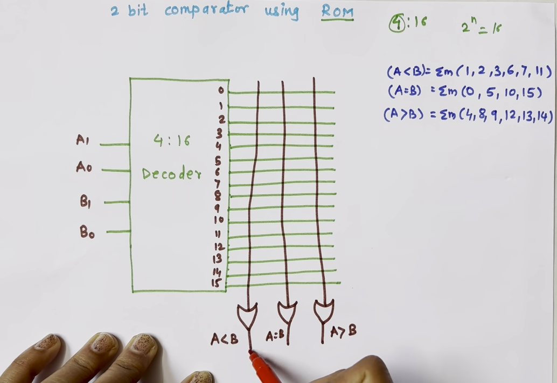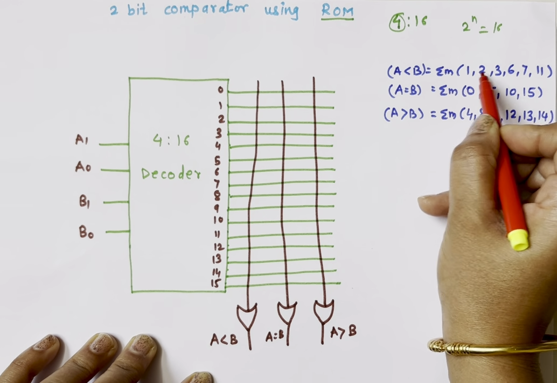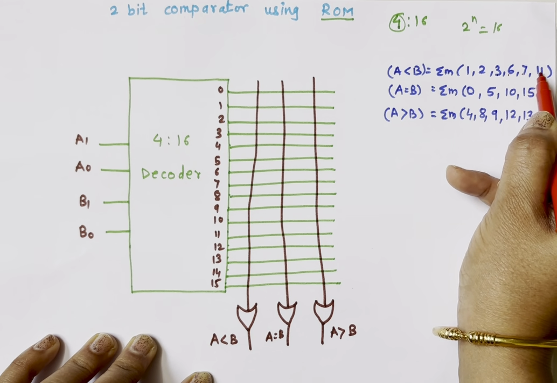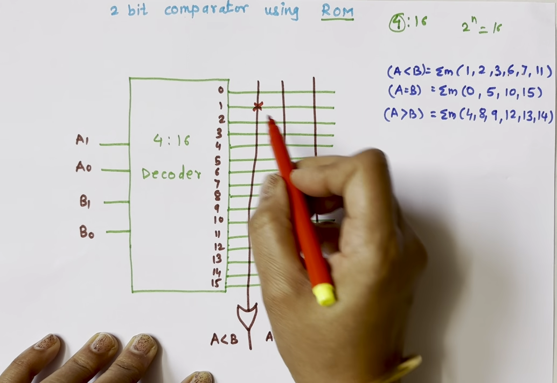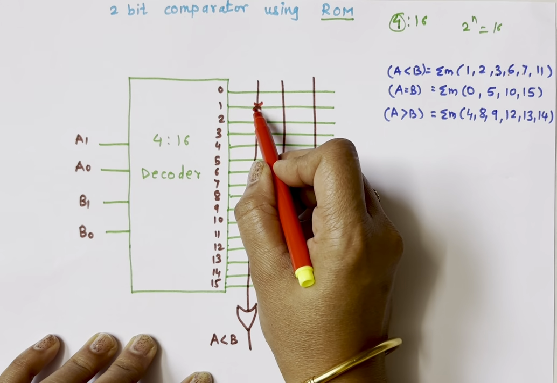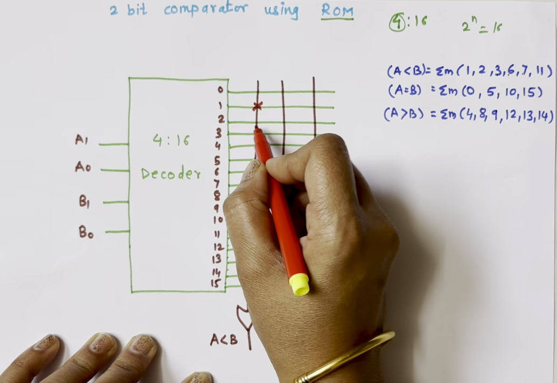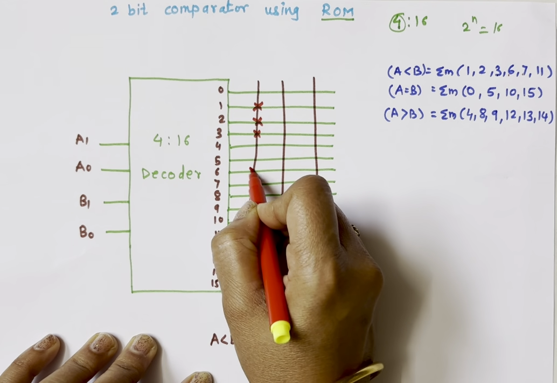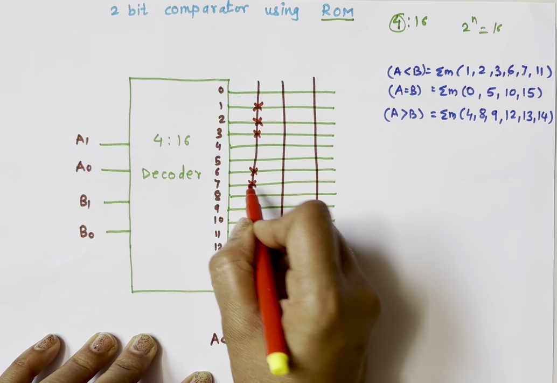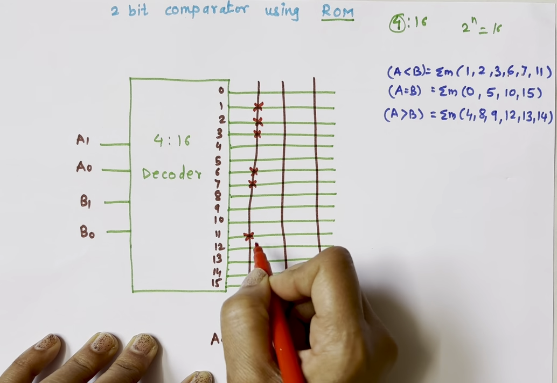So for A less than B, values are 1, 2, 3, 6, 7, 11. So here OR gates are programmable, and to represent programmable input we need to mark cross 1, 2, 3, 6, 7 and 11.